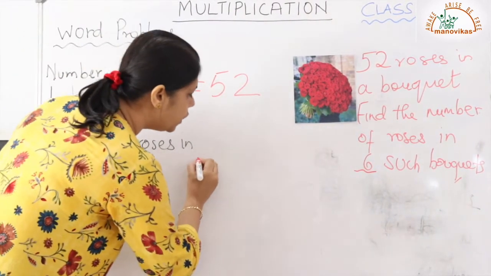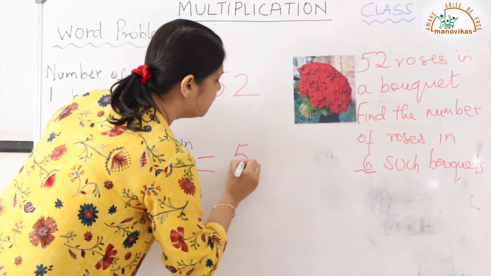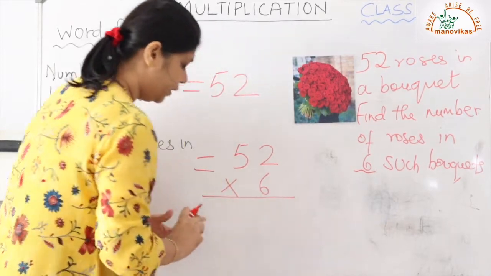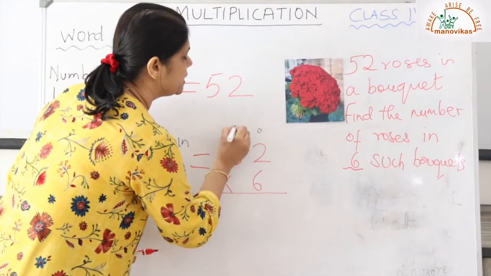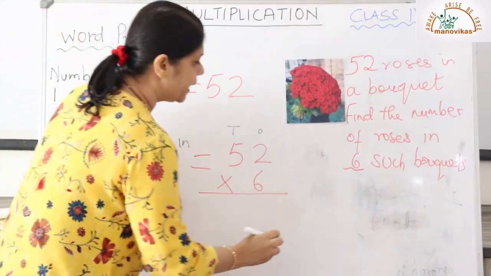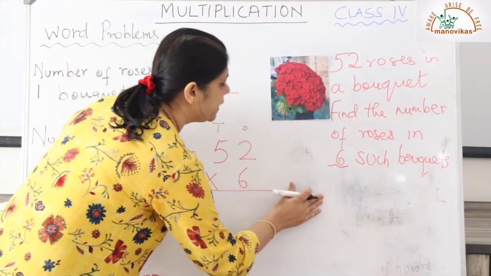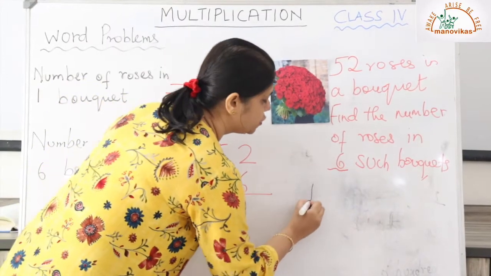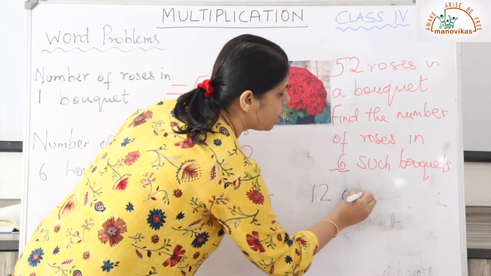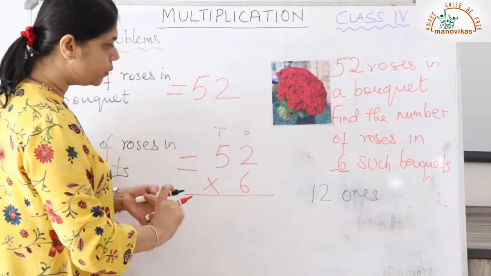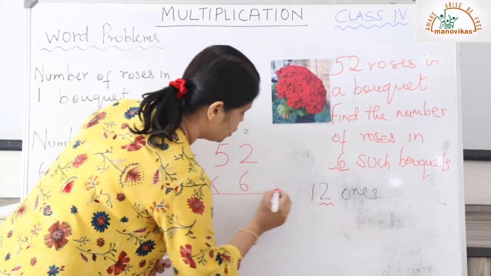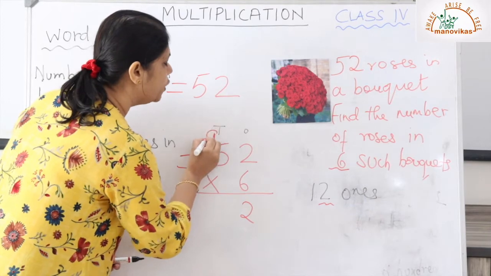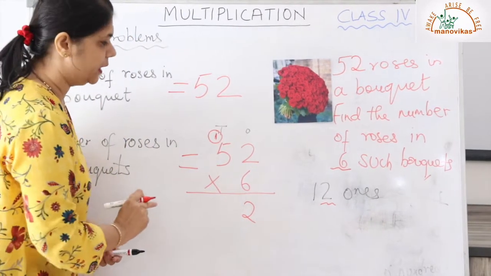So what will you do? You will multiply 52 by 6, correct? Now, we know how to multiply numbers now, right? So let us multiply here. 52 multiplied by 6. So 6 twos is how much? 12. So 12 ones. That means you will write this 2 in the ones place and 1 you will carry over to the tens place, right?